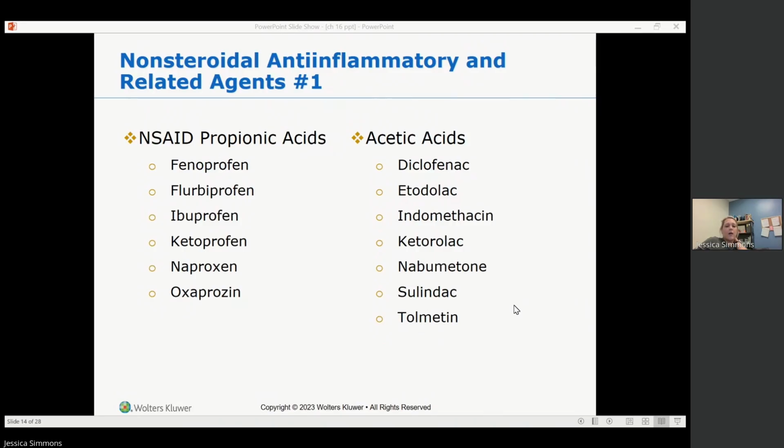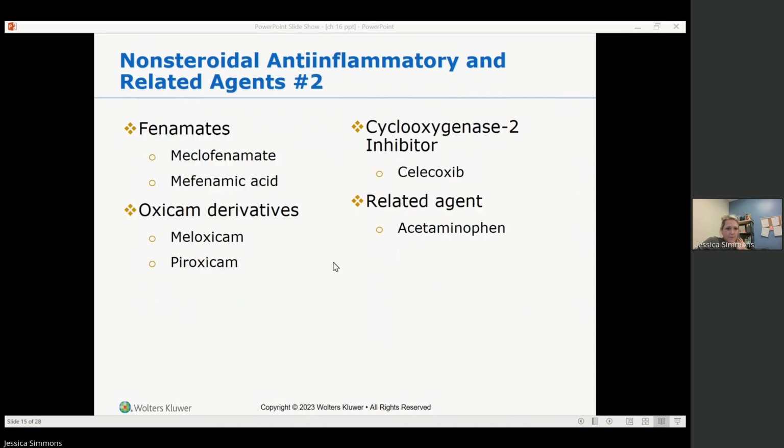And can be very, very useful in pain relief. I want you to realize that it says NSAIDs up here, but I want you to understand that acetaminophen, which is Tylenol, is not, I want you to hear me, is not an NSAID. Okay?